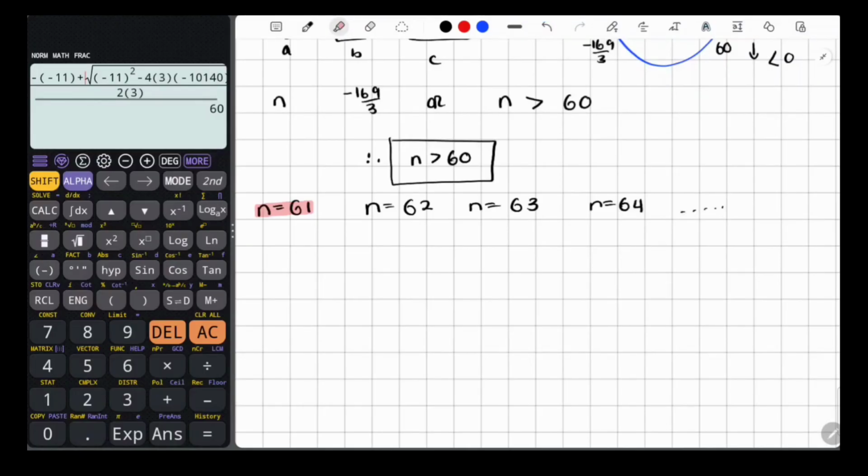So that's how you can think about it. We're looking at all the values of n, all our answers, and we want the smallest answer. Therefore, because they ask for the smallest value, they're not asking for an inequality, a range of answers. They're asking for one specific answer, n is equal to 61.